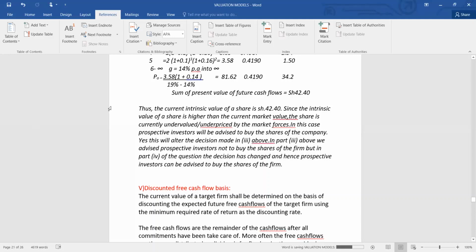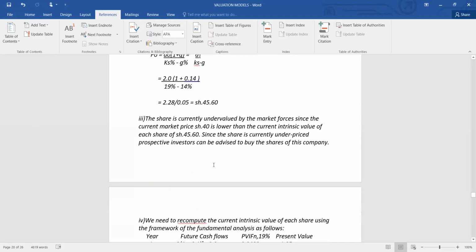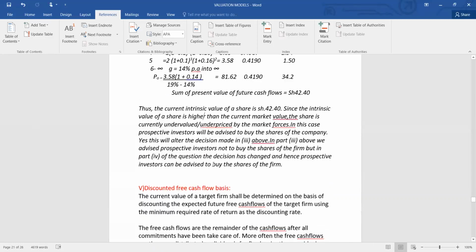Was the market price 40? Yes. 40. Overpriced? Intrinsic, so it's overvalued, eh? It's undervalued. Market price is 40, intrinsic is higher. The share is still undervalued, eh? So it does not change the decision. The share is still undervalued by the market forces.